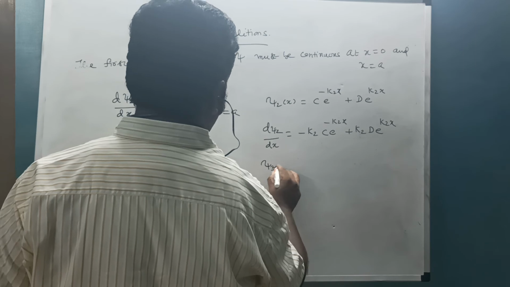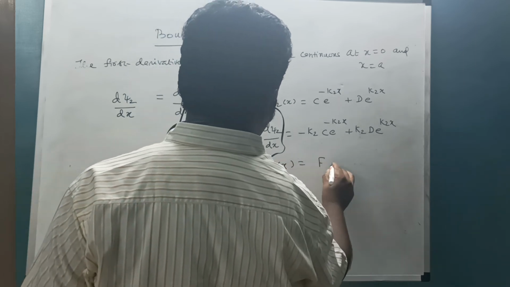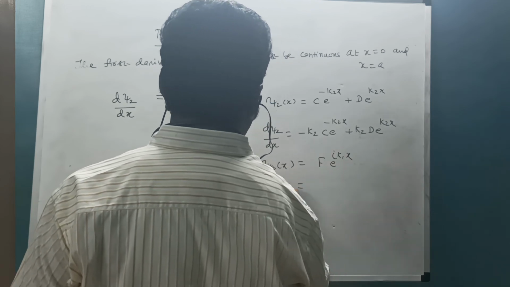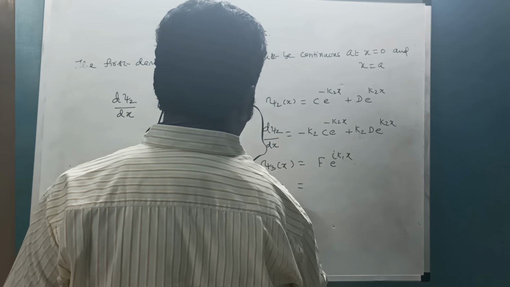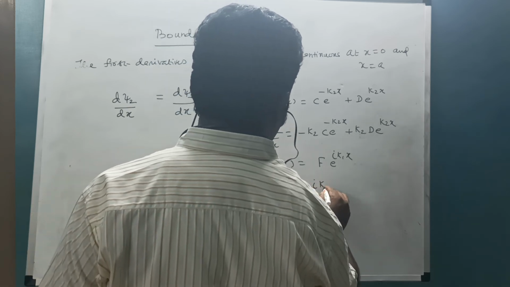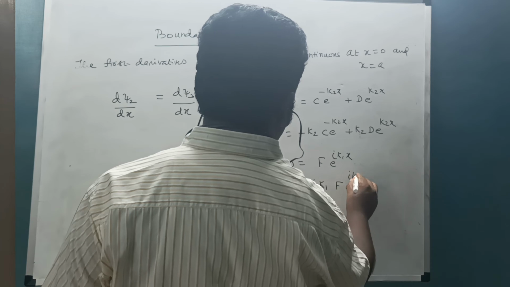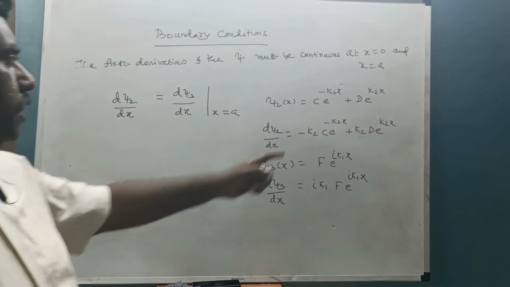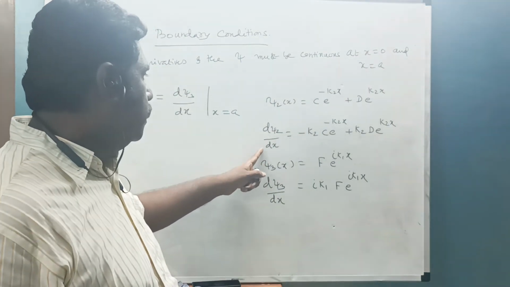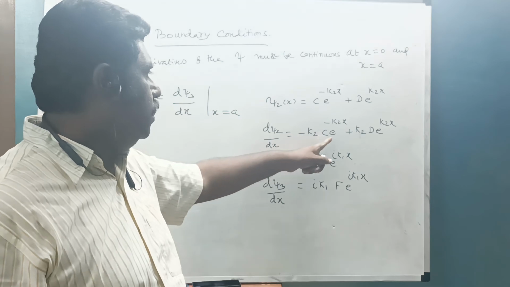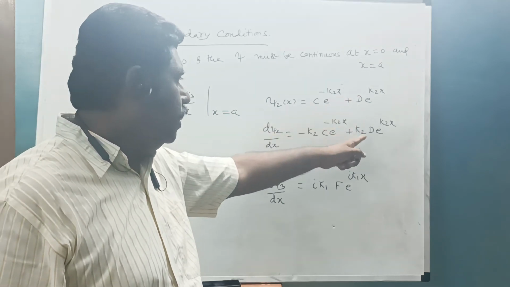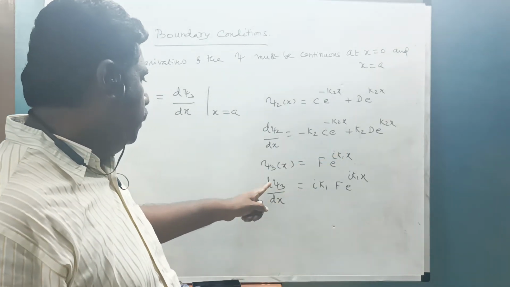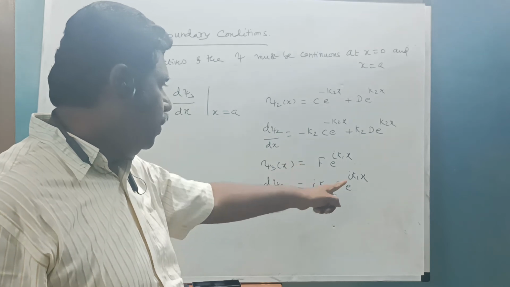Then psi 3 of x is f e^(ik1x), so d psi 3 by dx equals ik1 f e^(ik1x).